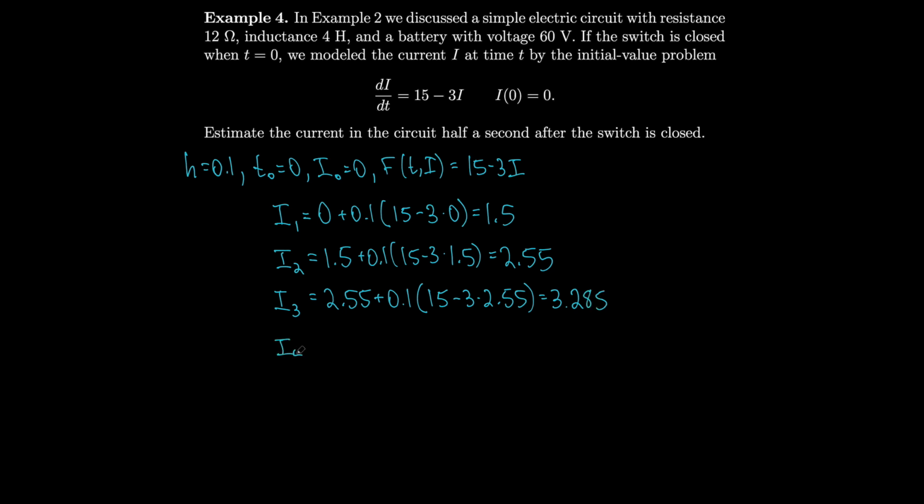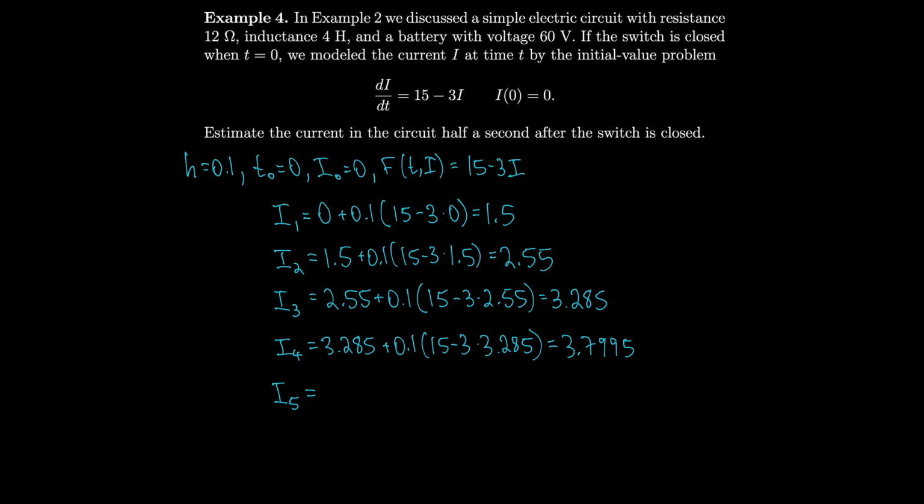I4 is 3.285 plus 0.1 times 15 minus 3 times 3.285. I was about to plug in 2.55 again. And we get 3.7995. And then I5 can be our last one because it said we only needed to go half a second.